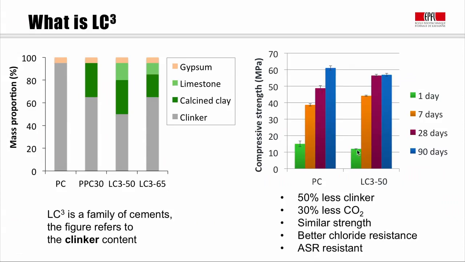You see at 1 day, the strength is somewhat lower than it was for the ordinary Portland cement, but already by only 7 days, the strength of the LC3-50 system has surpassed that of the ordinary Portland cement, and it's still higher at 28 days.